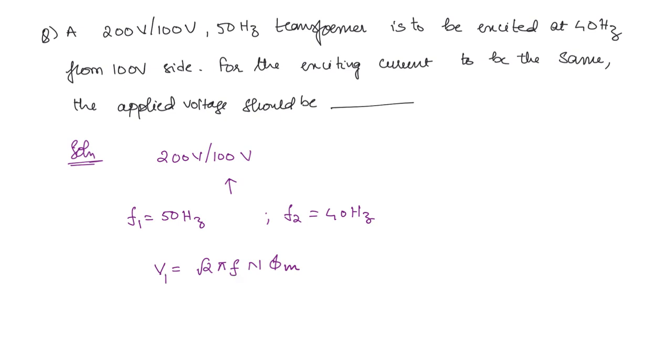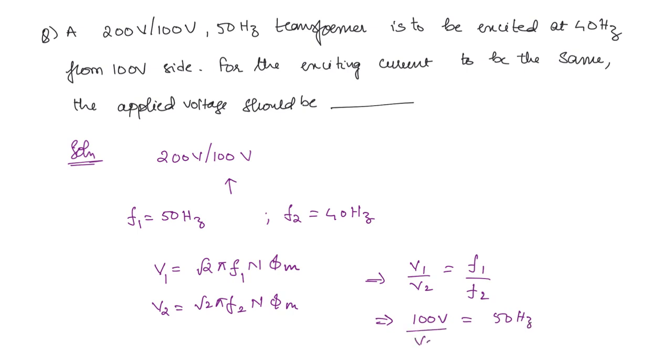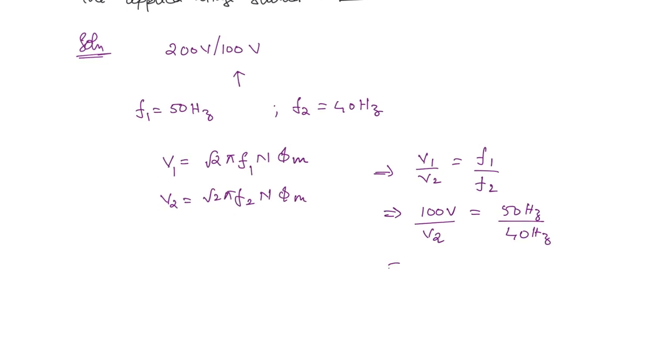For F1 frequency V1 voltage is required. Now for F2 frequency, what is the required voltage, right? So from here you have V1 by V2 is equal to F1 by F2. V1 is given as 100 volt, right? For 50 hertz we need 100 volt. So now for 40 hertz, what will be the voltage? If you calculate, you are going to get V2 is equal to 80 volts.